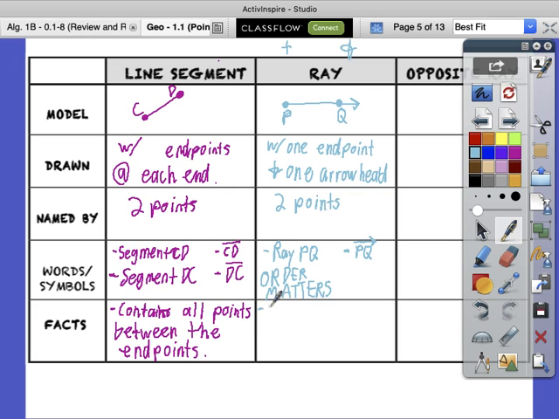So a fact we know about it is it's part of a line that starts at an endpoint and continues or goes forever in one direction.